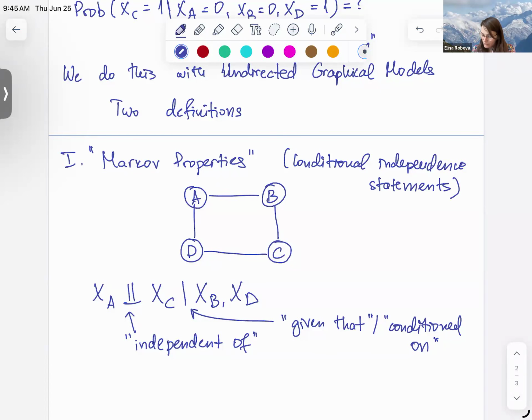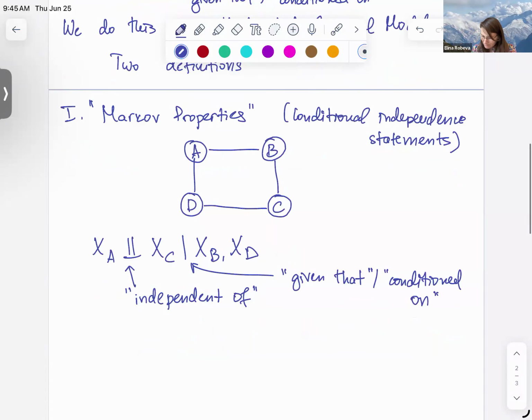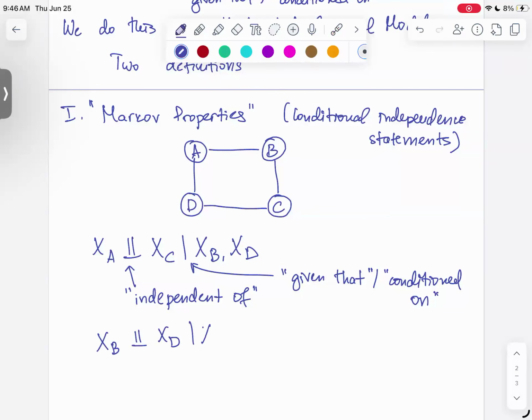And another one that holds, maybe someone can try to tell me, I don't know if it's common practice for speakers to ask. Can you come up with another conditional independence statement that holds in this graph? Similar to this one. XB is independent of XD given XA and XC, XA or XC.